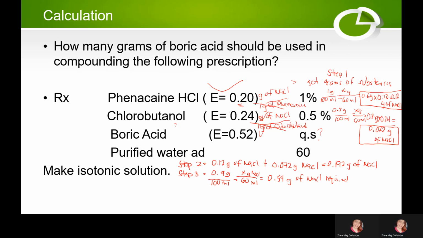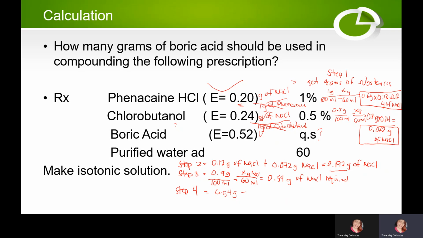So now, what is being asked again? How many grams of boric acid should I use? Right? So let's go to your step 4. In your step 4, since I already have the total NaCl I need for the 60 ml, which is 0.54 gram, what I should do is subtract the amount of NaCl exerted by phenacaine and chlorobutanol. It makes sense, right? Because what remains should be the amount equivalent to your boric acid.